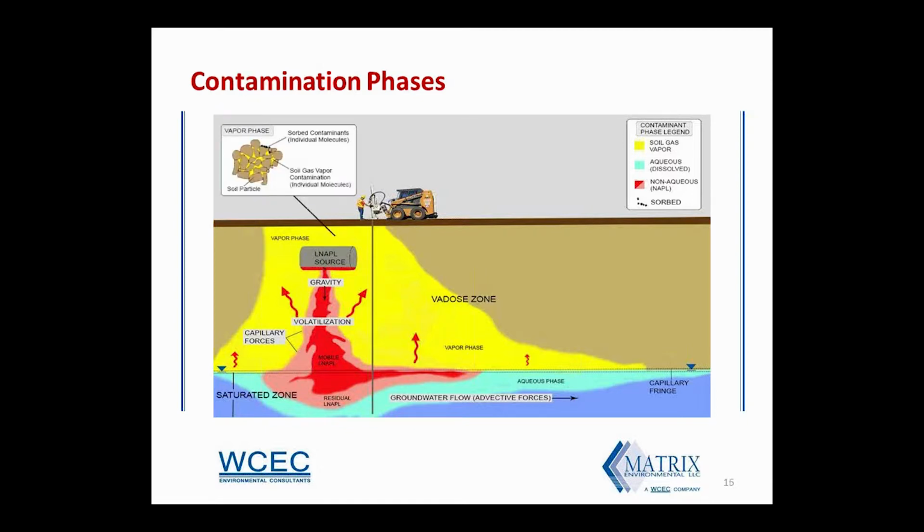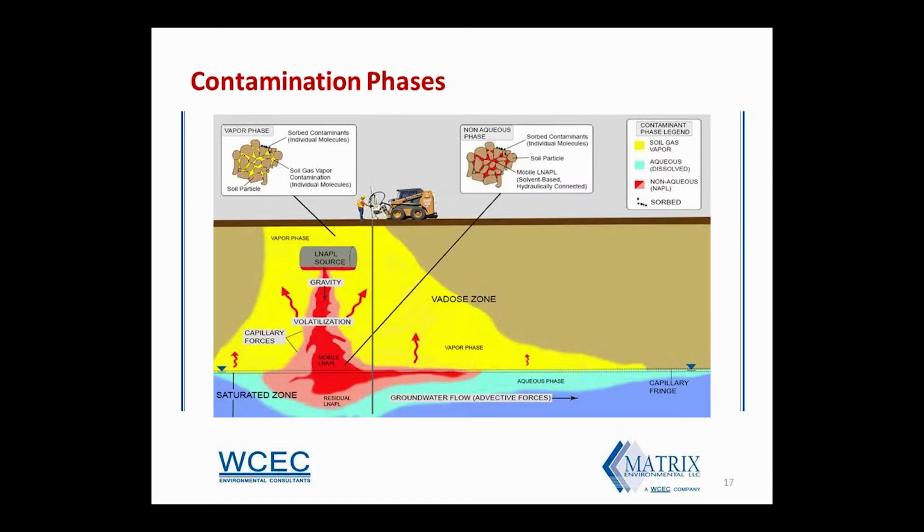This inset box here illustrates soil gas vapor contamination present in the pore spaces of soil along with individual molecules of sorbed contaminants. As most hydrocarbons are multi-constituent mixtures, concentrations in soil gas vapor depend primarily on the composition of the LNAPL. And looking closely at this inset, you'll notice there is no LNAPL represented in this part of the diagram.